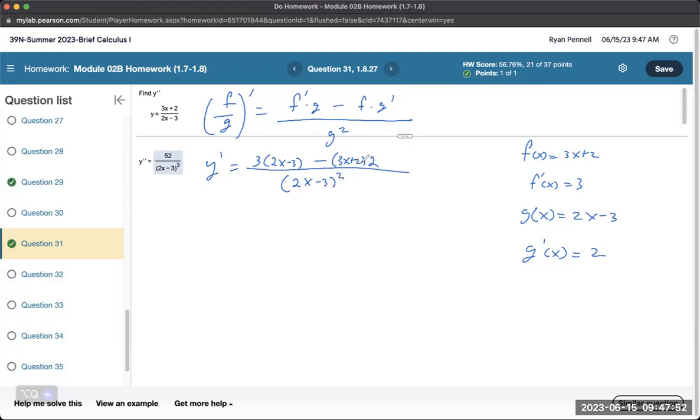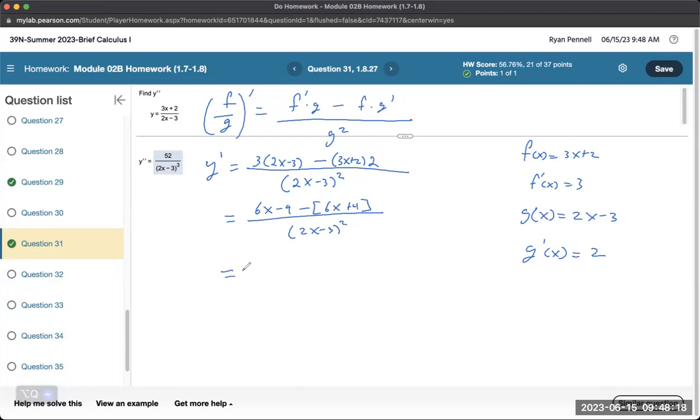Okay, now I think we should probably clean some things up before we take a derivative again. So what does that give me? 6x minus 9 minus 6x plus 4, over 2x minus 3 squared.